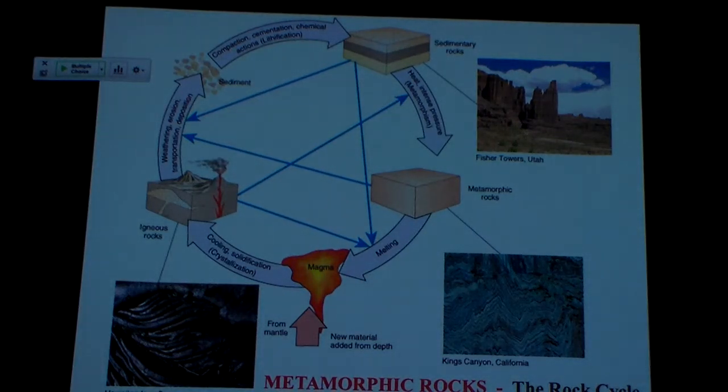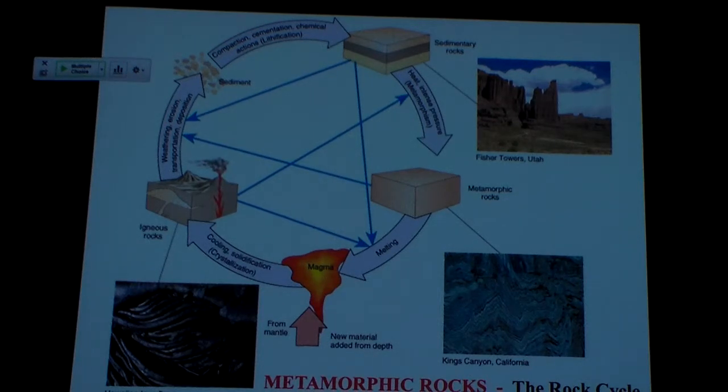Okay, we're back to the rock cycle. You make any rock out of any rock. And now we're looking at the rocks we make by applying heat and pressure. And it's just like a caterpillar metamorphosing out of its cocoon and turning from this ugly caterpillar to this beautiful butterfly. This is exactly what's going on with these rocks.